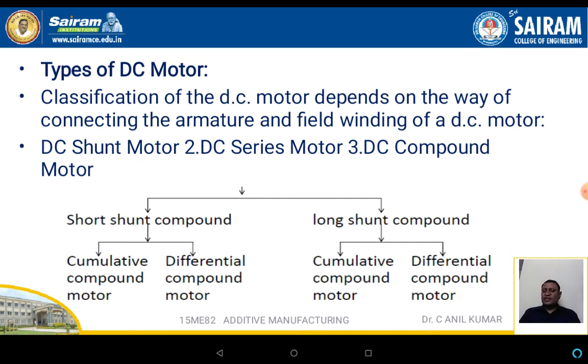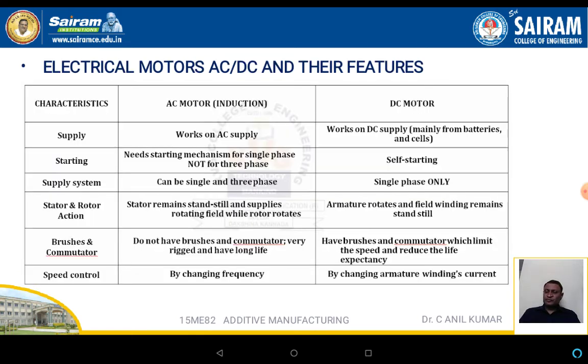In general, the DC motors are classified into three types. The first one is a DC shunt motor, the second one is a series motor, and the third one is a compound motor.